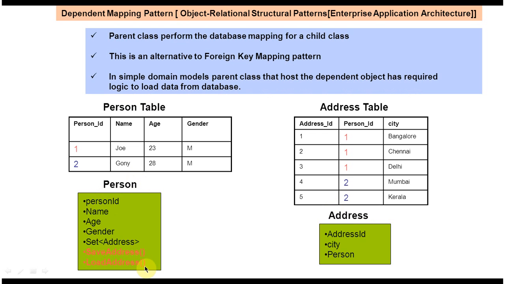When it loads the person, it will hit the address table and load the address information also into this person object. So if you read it again, you can understand: in a simple domain model, the parent class that hosts the dependent object has required logic to load data from the database. It has, meaning this person class has, logic to load the data from the database. In this case, it is loading address information from the address table into the person object.